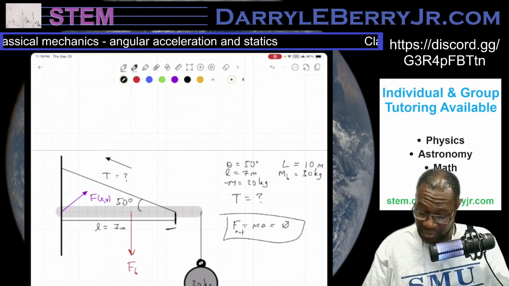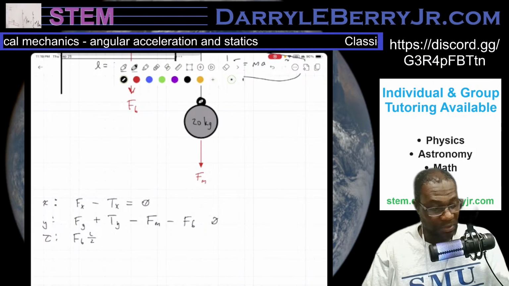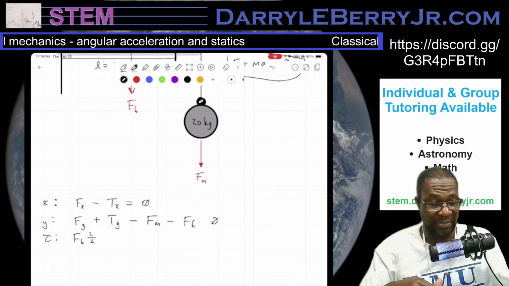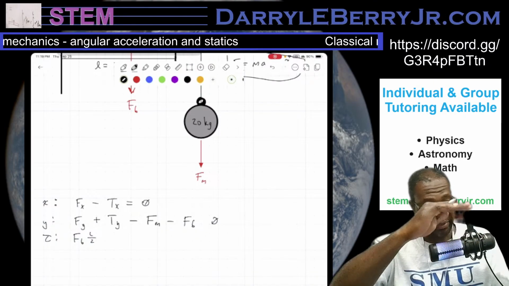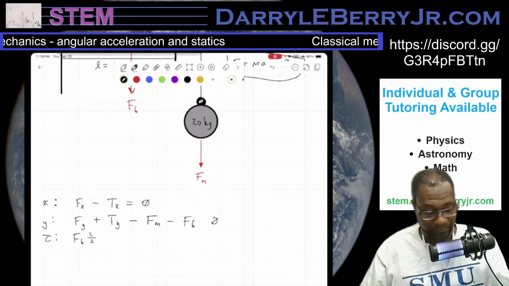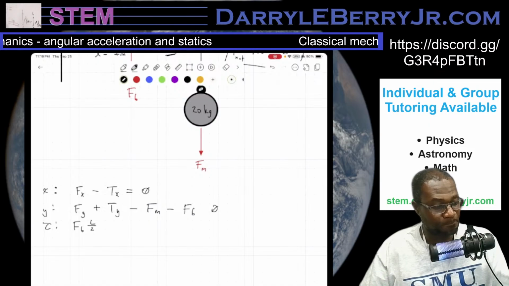So the length of the beam is L. It's going to be FBL over 2. So that's a torque or spin coming from the beam itself, pulling on the tension wire and wanting to fall down from the wall. So FBL over 2 is the torque from that.